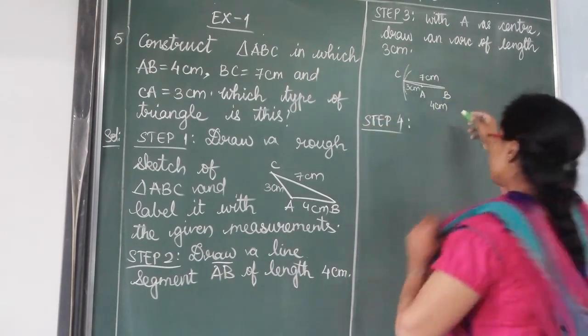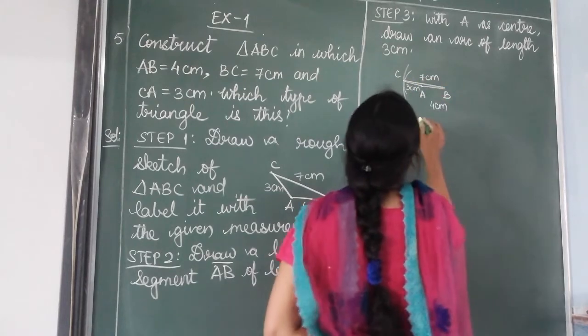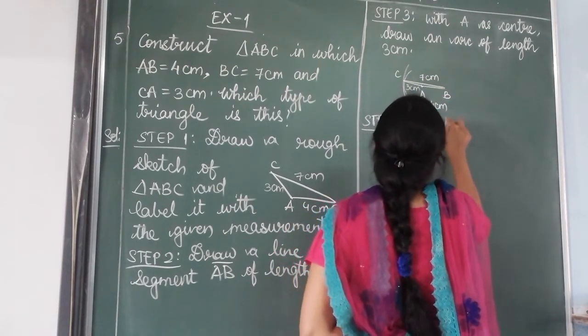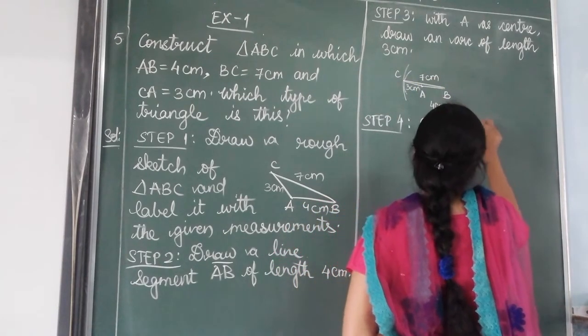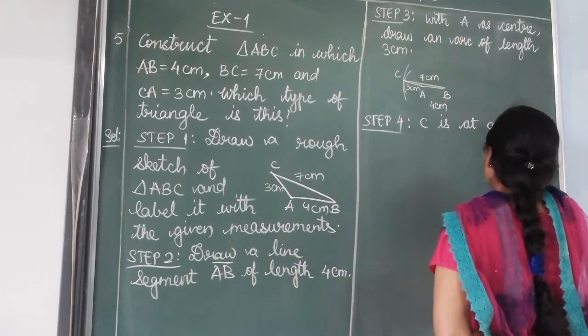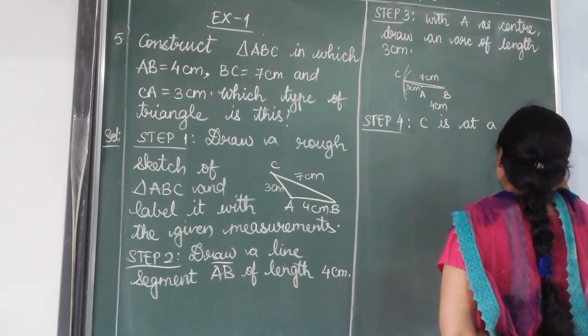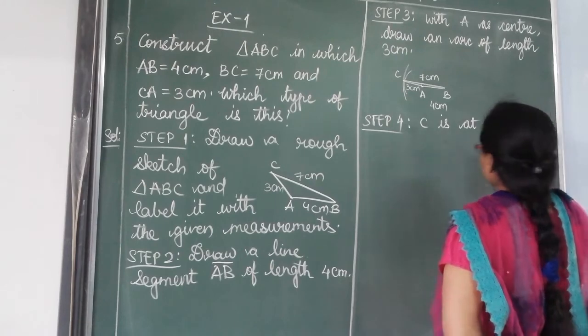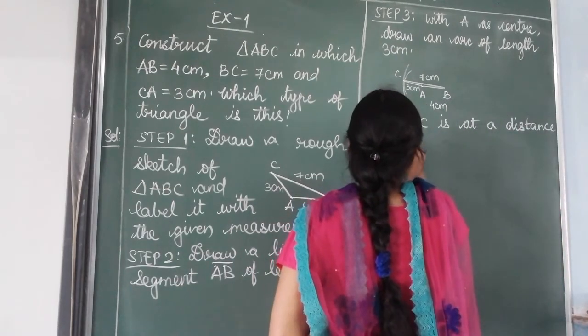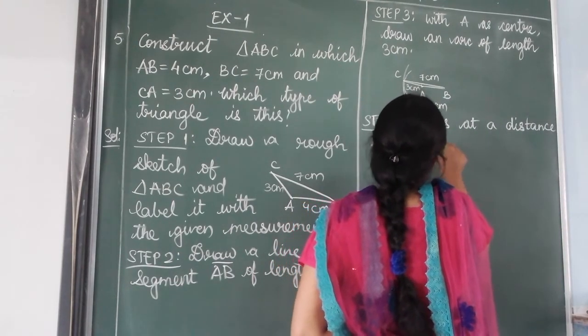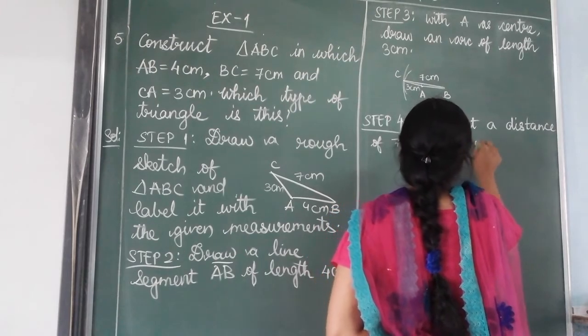Step 4 is C is at a distance of 7 centimeters from B. Okay.